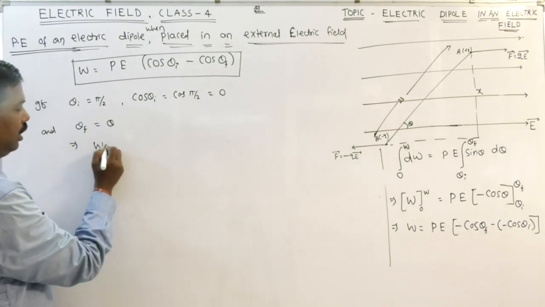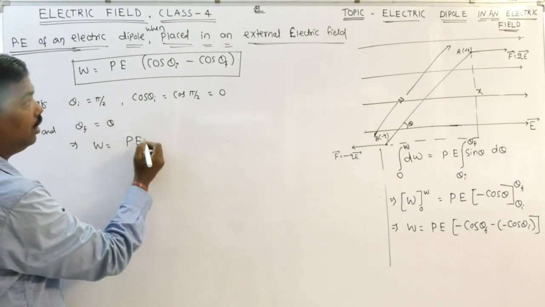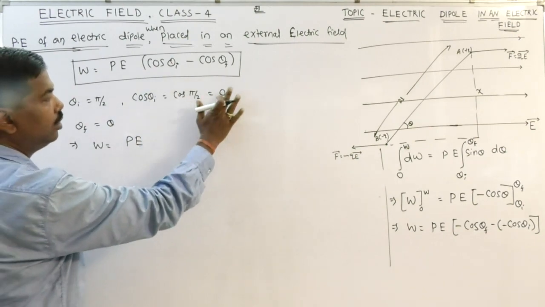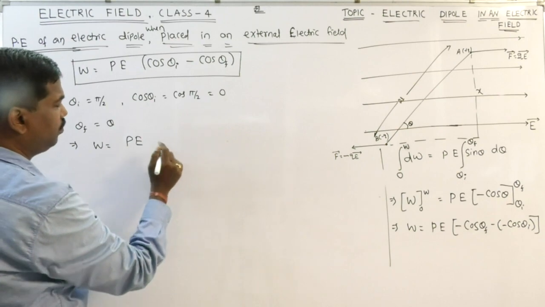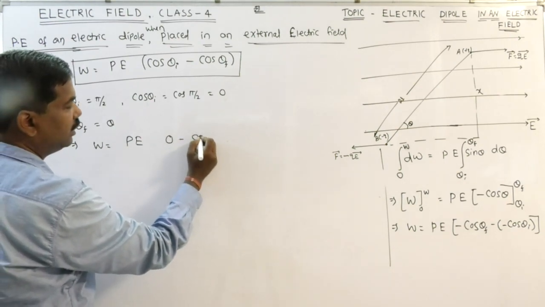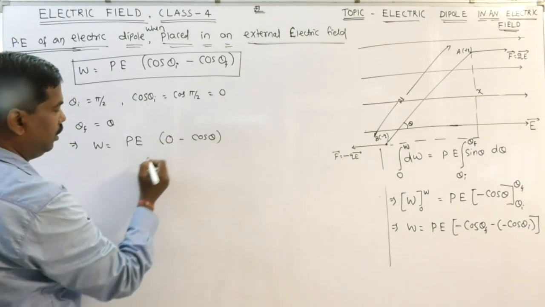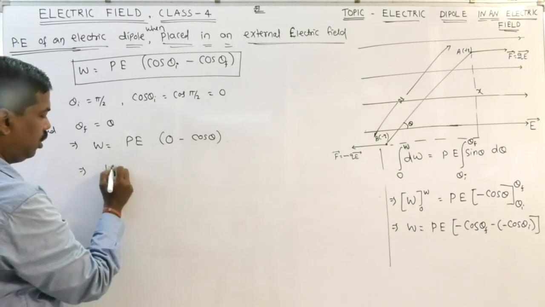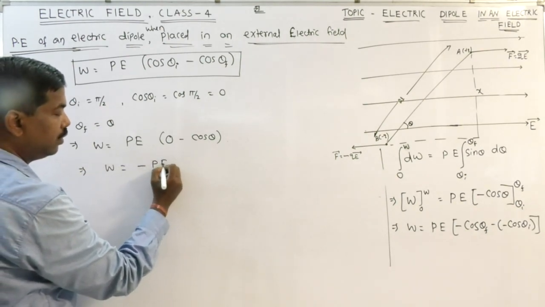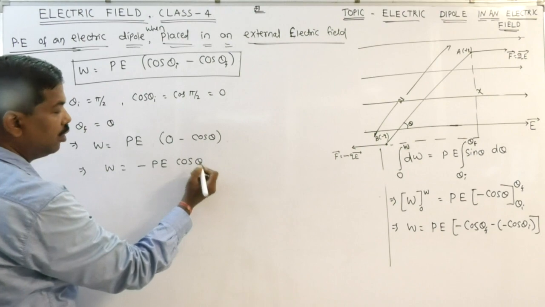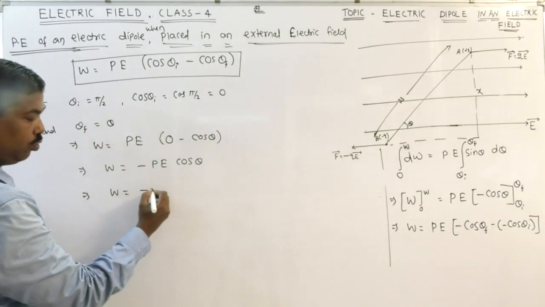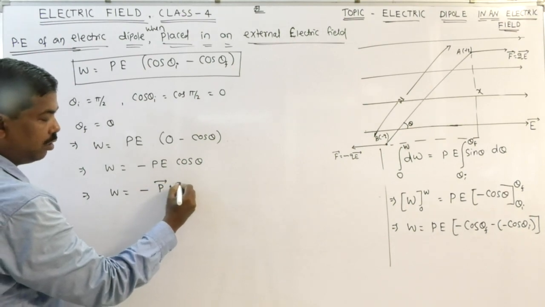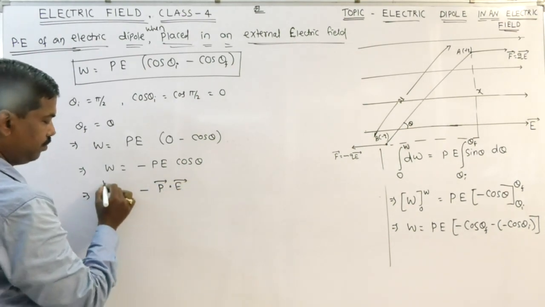Then W is equal to P E times cos pi by 2, which is 0, minus cos theta, or W is equal to minus P E cos theta, or W is equal to minus P dot E vector.